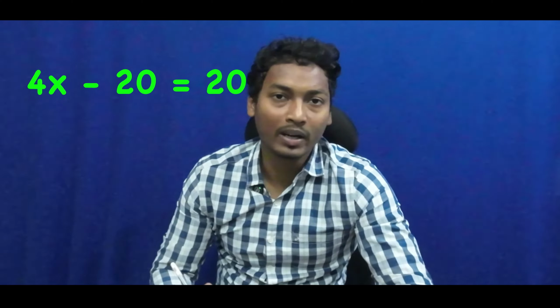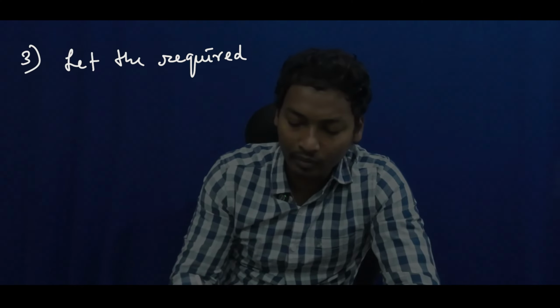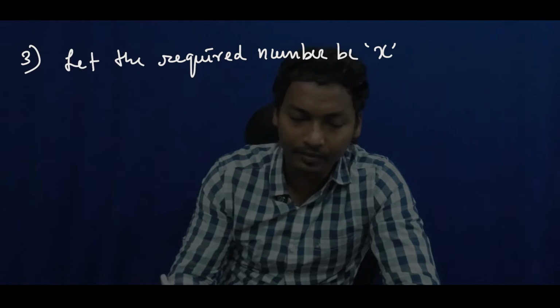So you have to get the algebraic expression in your head before you can jot it down. So clearly we see that 4 times x minus 20 will be equal to 20, because they have said we get 20. So let's just present the equation. Let the required number be x.